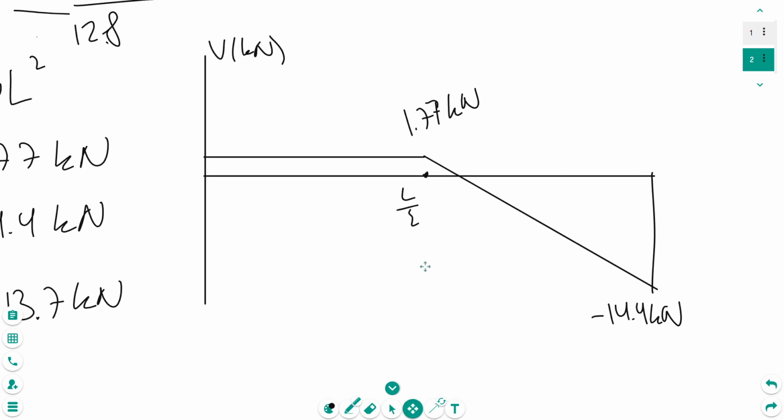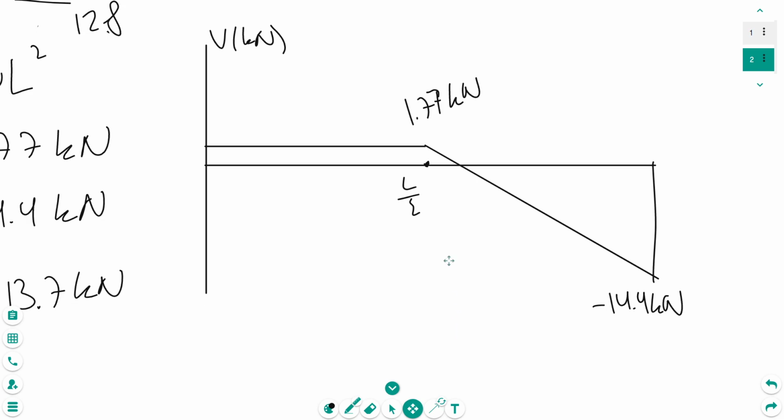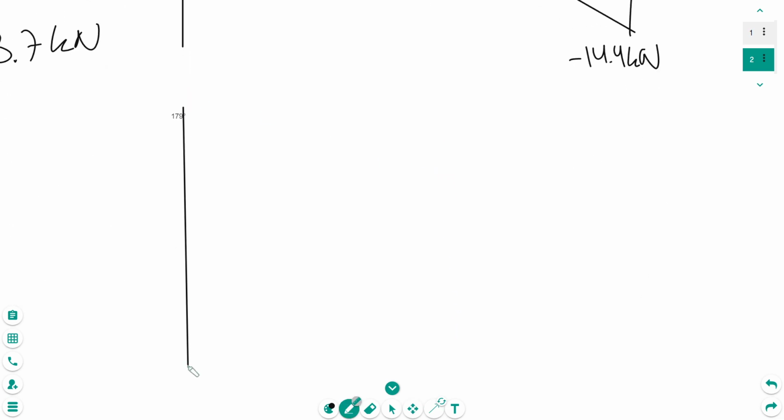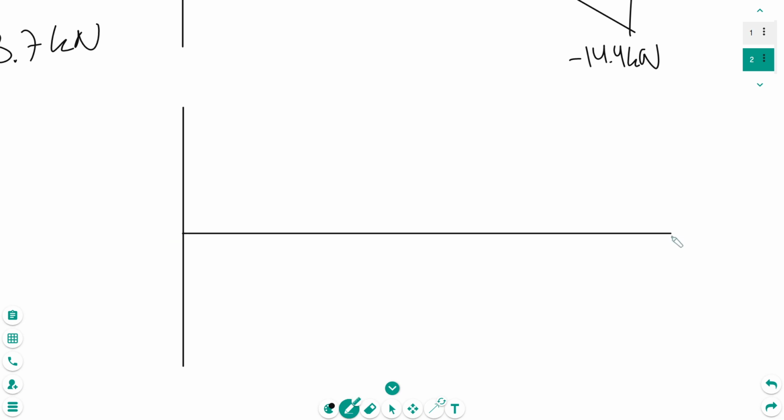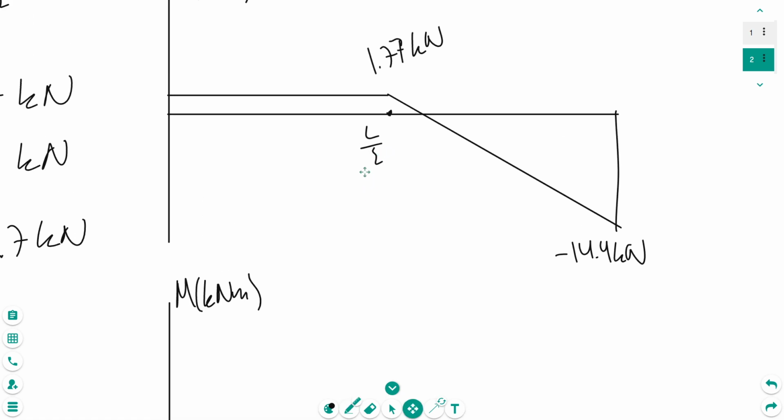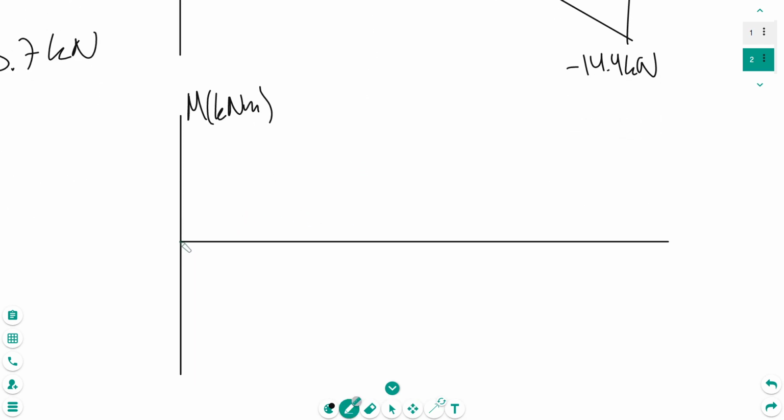I can then, from this shear force diagram, draw a moment diagram. This moment diagram will therefore look something like this. This is the moment in kilonewton meters. From the value of 1.77 kilonewtons, I know that my moment will increase linearly until L over 2, until it will reach a certain value here.